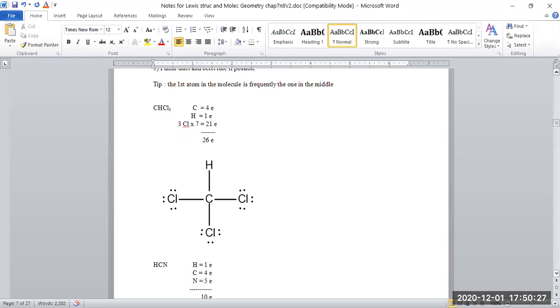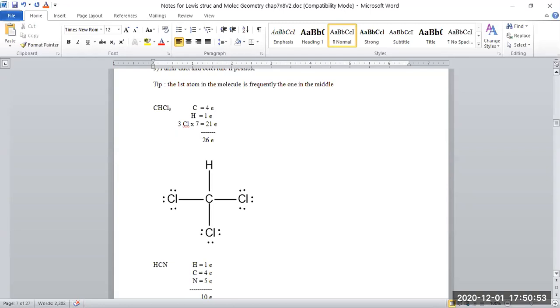In fact, carbon is super unhappy if it does not have 4 bonds to something. So in this case, we're going to use 1 bond, 1 straight line, for each of the other atoms that's attached to. That way carbon's in the middle and it looks kind of like a plus sign in the way it's shaped.